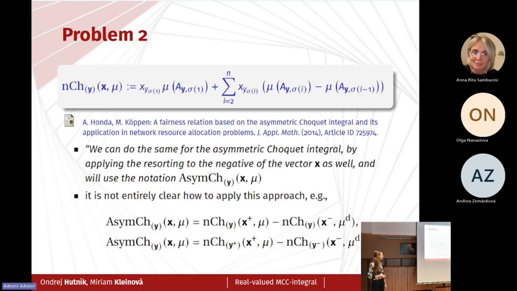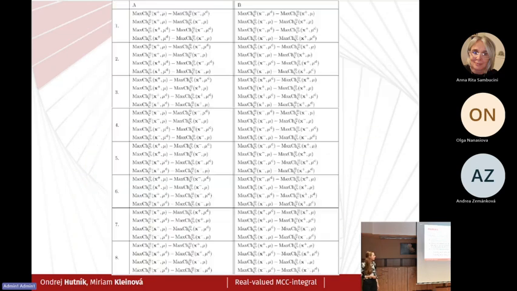But it is not quite clear, because we know what to do with the input vector, but there is a question what to do with the input vector y and the measure and so on. And therefore, it motivated us to find all possibilities of how to extend our MCC integral for real-valued inputs.